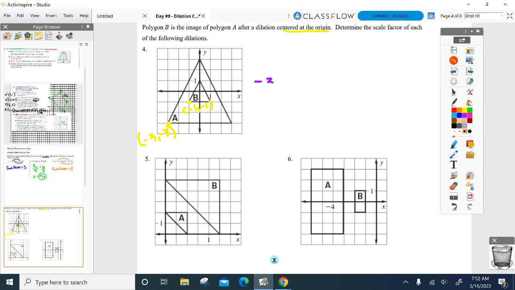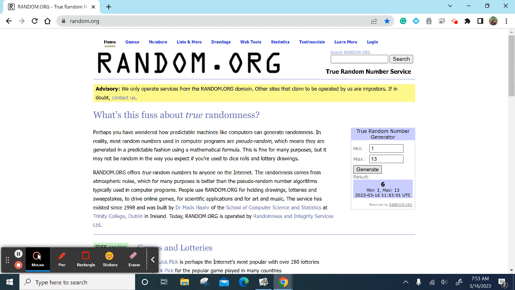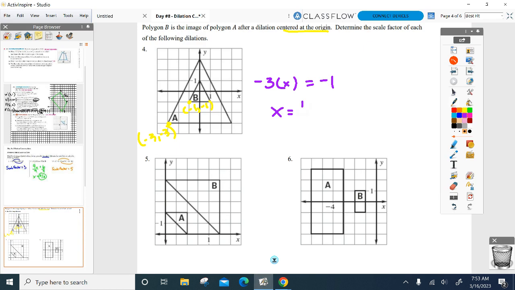I got to start with A. -3 times what gives me -1? Keep that in mind that when you are shrinking, you need your scale factor to be less than 1. Divide both sides by -3. What's my scale factor here in number 4? 1/3. Yep. Again, you put 3. You guys are telling me it's being blown up, which it's not. A to B is not being blown up.